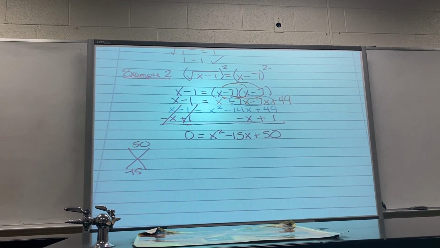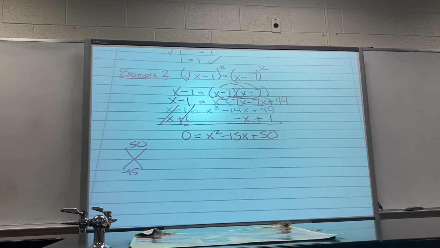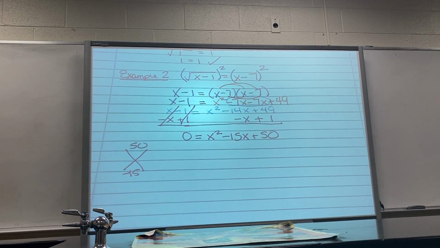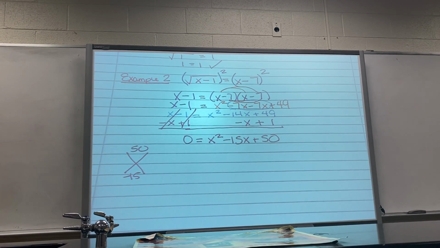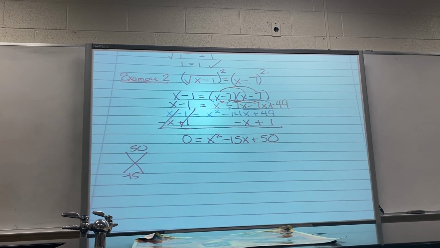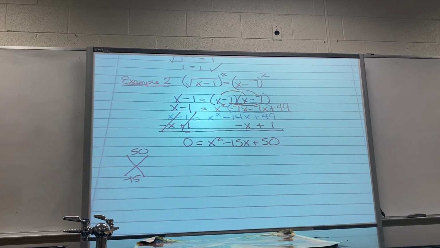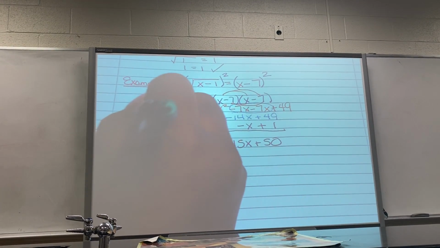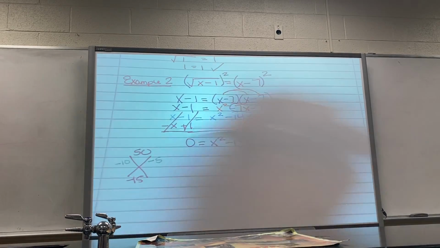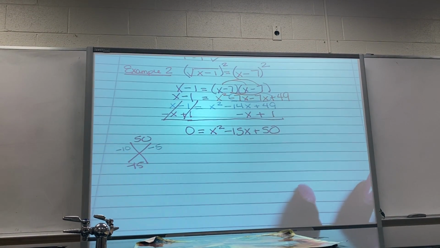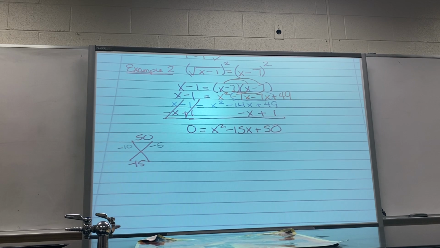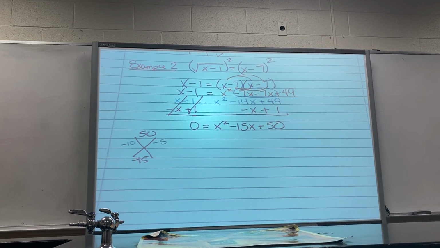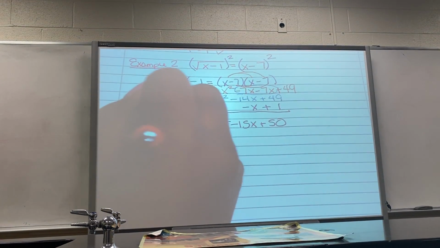So I need two numbers that multiply to give me positive 50, but add to give me negative 15. Negative 10 and negative 5. Then I want to divide by my a term, which is 1.